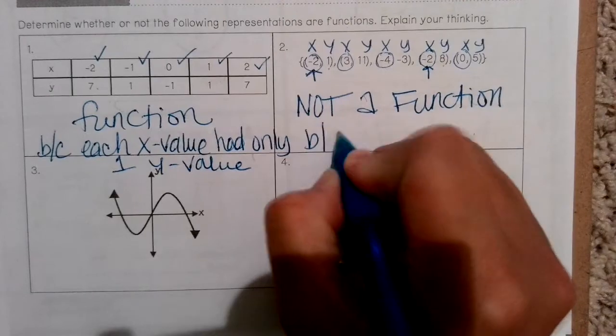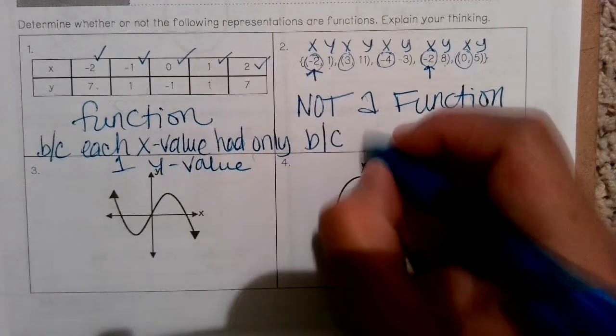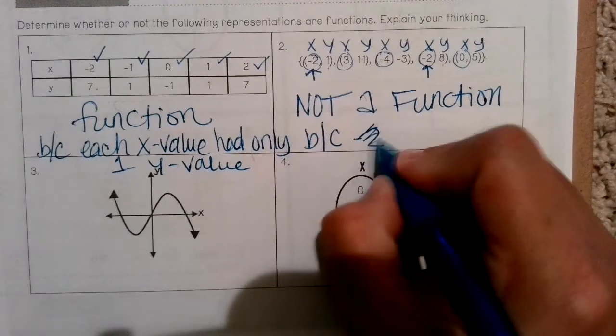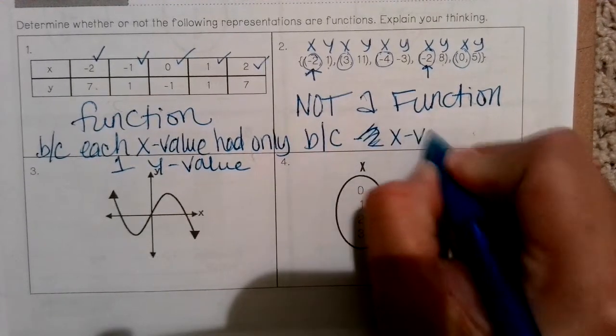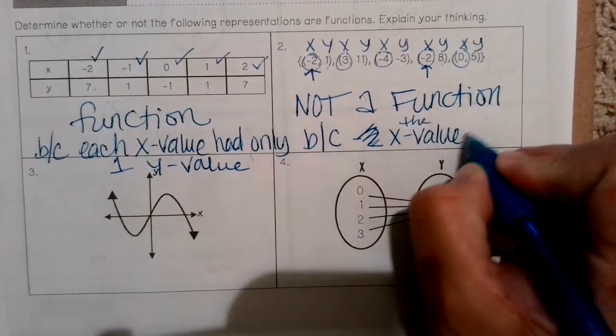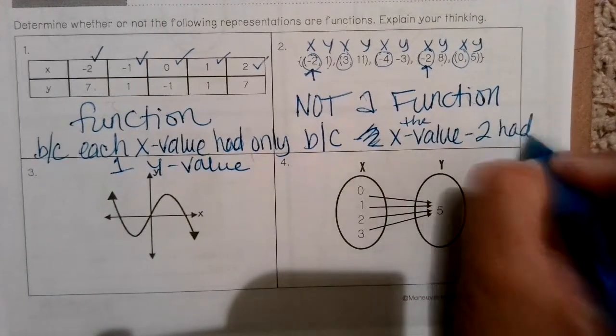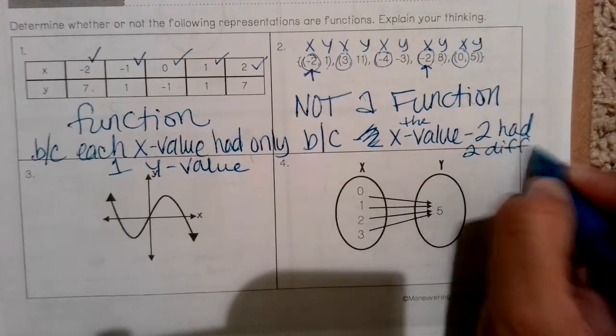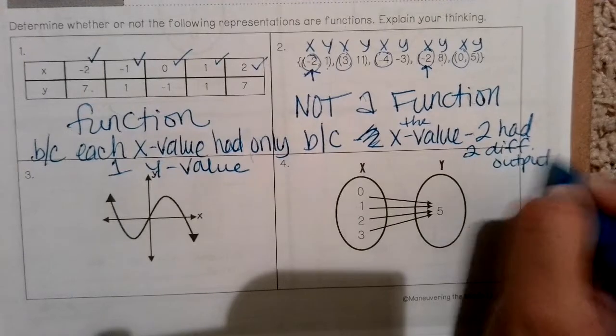because the x value, -2, had 2 different outputs.